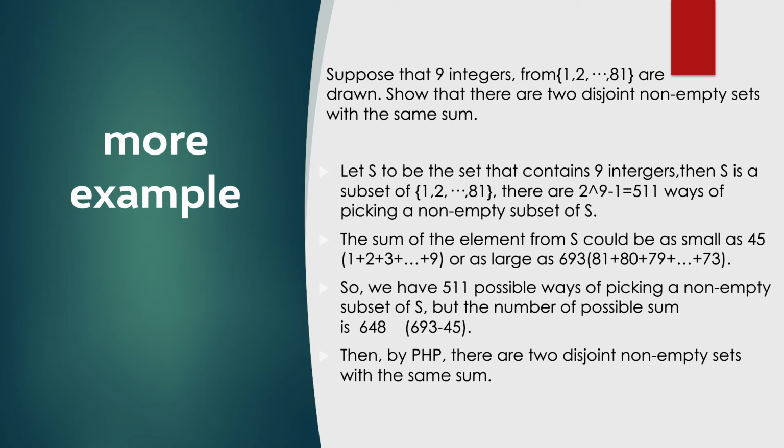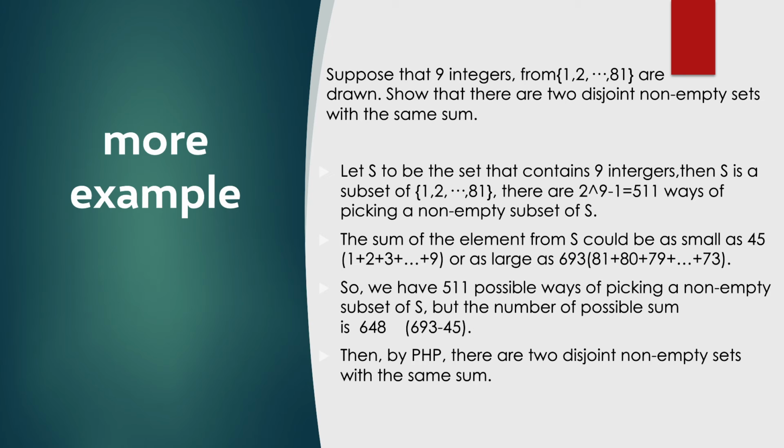There are 511 ways of picking a non-empty subset of S. The sum of elements from S would be as small as 45 or as large as 693.